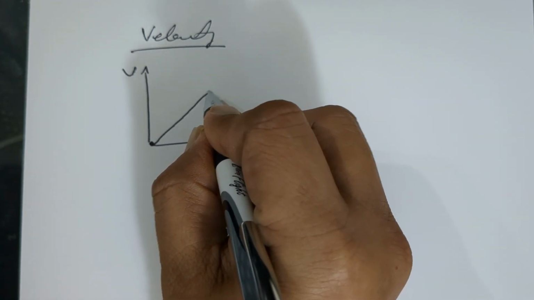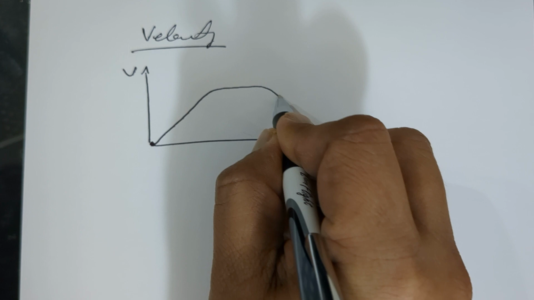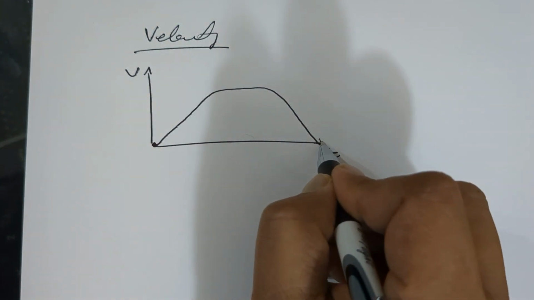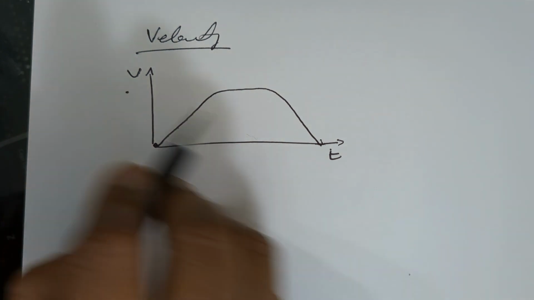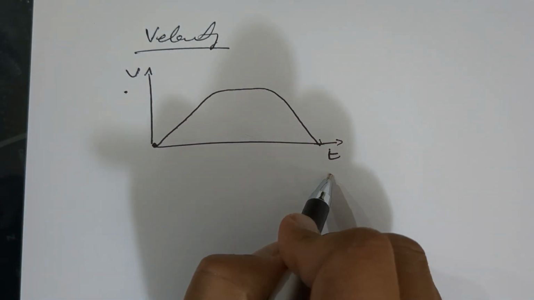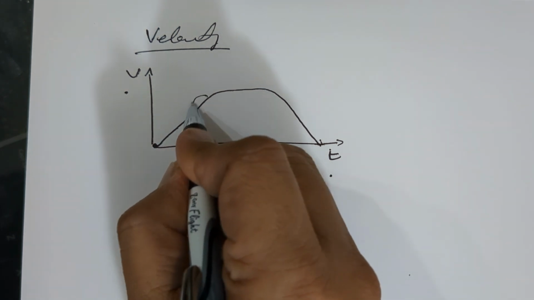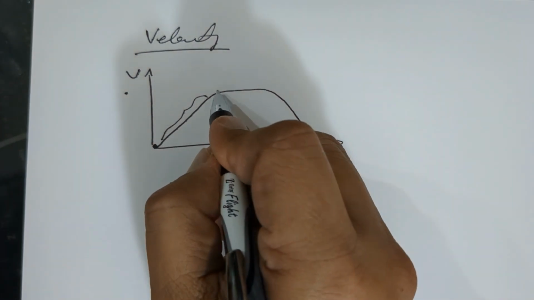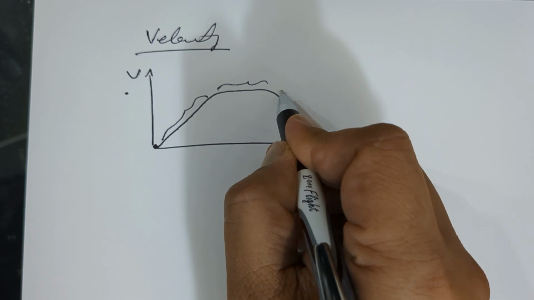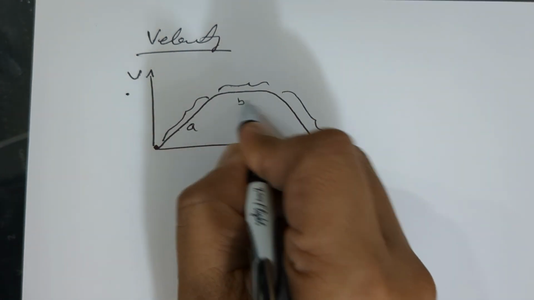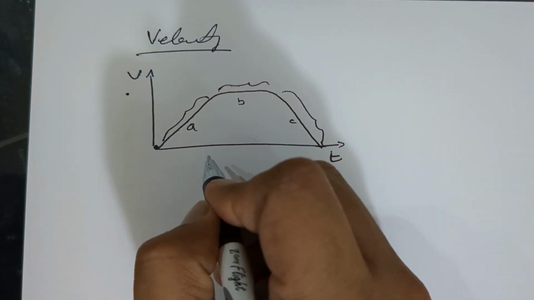We're going up, up, up, and then we kind of came down here. Remember, this is velocity over time. So what's going on in this region, and in this region? Let's call it regions A, B, and C.